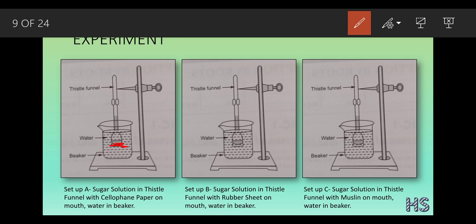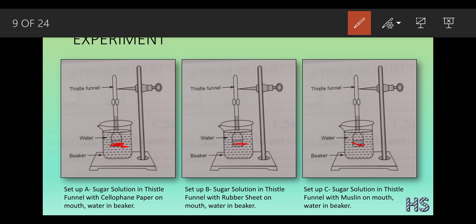In the second part, there is the sugar solution in the thistle funnel with a rubber sheet on the mouth here. Third setup, there is a sugar solution in the thistle funnel with muslin on the mouth here, and water in the beaker.